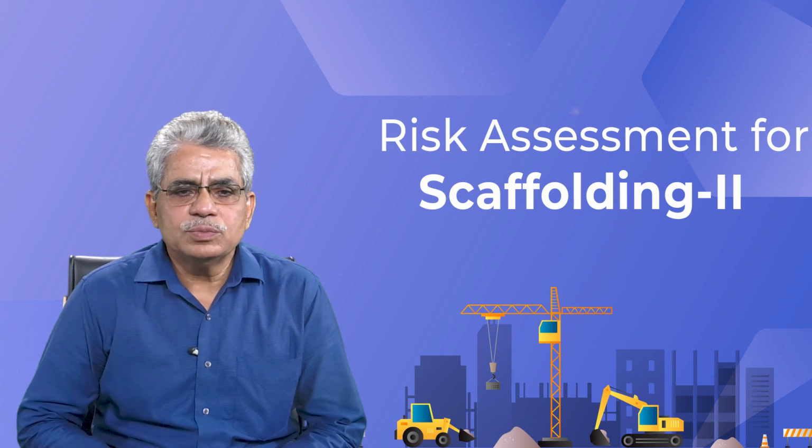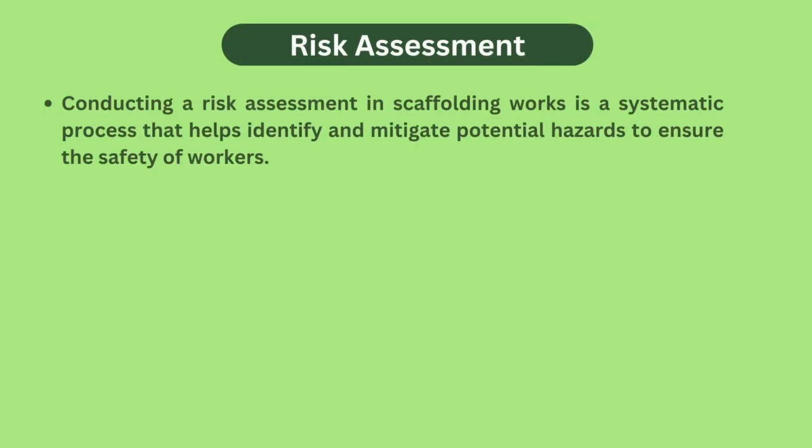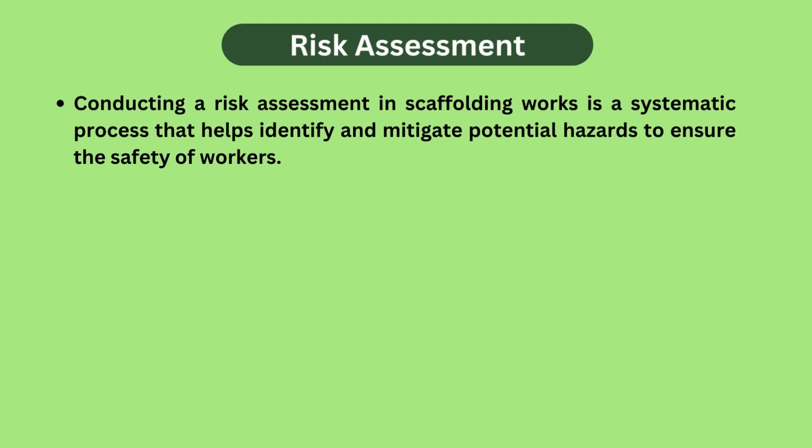Now, let us move to risk assessment. Conducting a risk assessment in scaffolding works is a systematic process that helps identify and mitigate potential hazards to ensure the safety of workers.